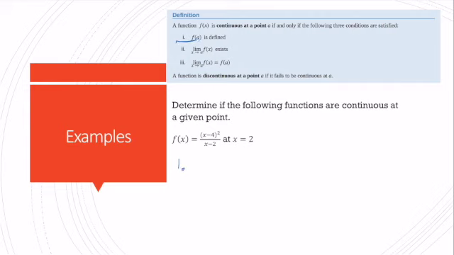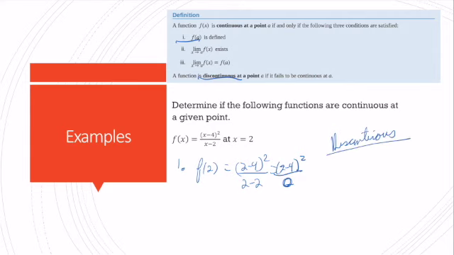If I plug in f of 2, I get 2 minus 4 squared over 2 minus 2, right? I'd be dividing by 0. So this function is discontinuous at x equals 2 because f of a is not defined.